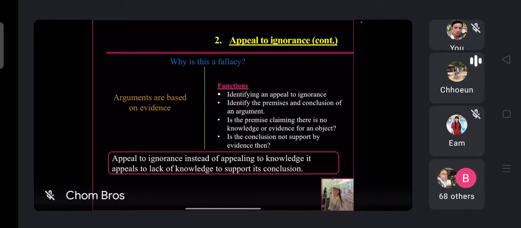To identify an appeal to ignorance, identify the premise and conclusion of the argument. Is the premise claiming there is no knowledge or evidence for the object? Is the conclusion supported by evidence? Then appeal to ignorance, instead of appealing to knowledge, appeals to lack of knowledge to support its conclusion.